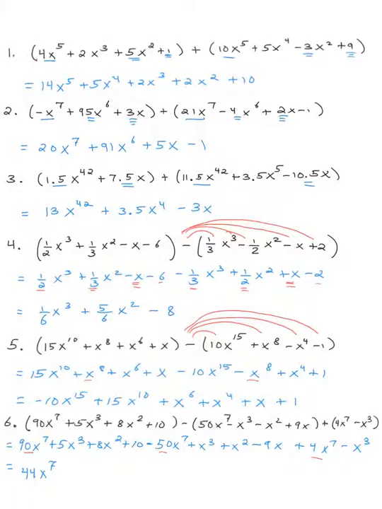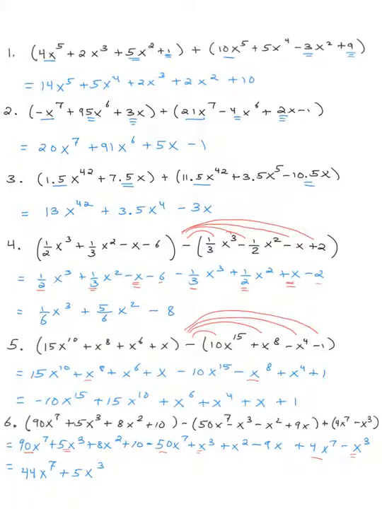There are no x to the 6th or 5th or 4th, but there are x cubes. There's 5 here, there's 1 here, and there's a negative 1 here, which leaves us with 5 plus 1 minus 1, which is just 5. So we get 5x cubed.